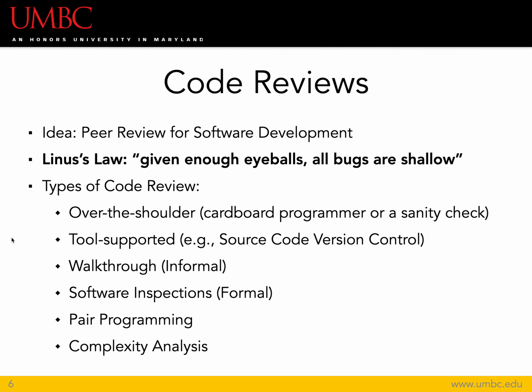And this happens all the time. It's very, very common. This is one of the things that I think is most difficult about the change from an academic coding environment where you're expected to do your own work to a professional environment where people are collaborating to build a product together. Over-the-shoulder code review happens all the time.